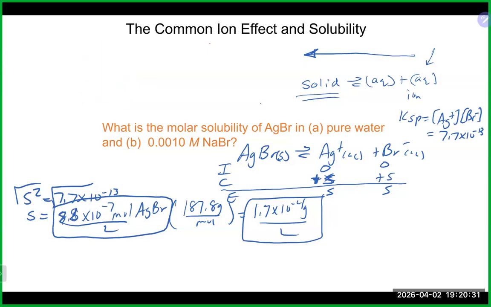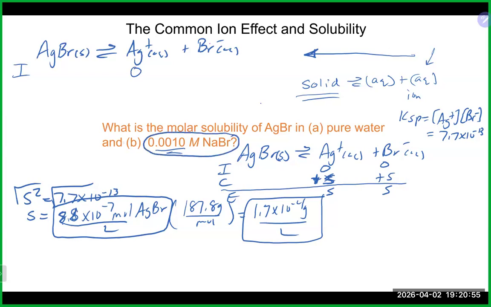So if we take a look at our silver bromide here, it's going to set up our equilibrium. And now we're in a solution of 0.001 sodium bromide. How that affects our ice table is initially we have 0 of this, but because we now have our sodium bromide, which is a salt that's going to break apart into a sodium ion and a bromide ion, that being our common ion here, we do have an initial concentration of our bromide.